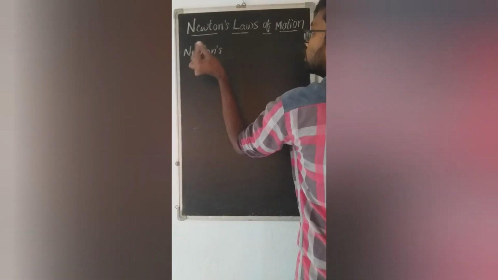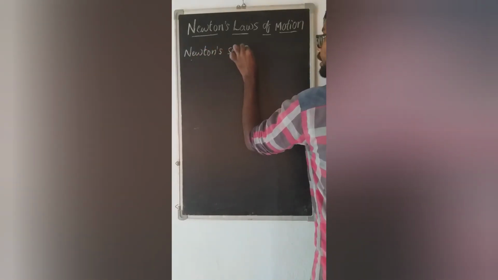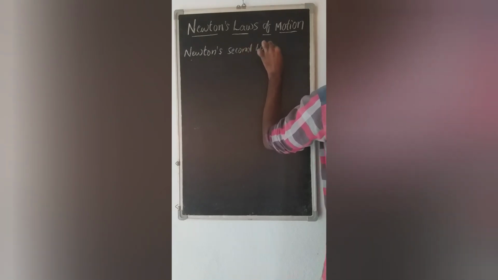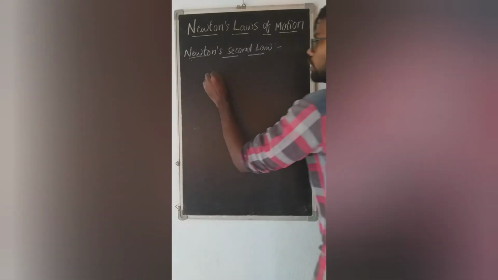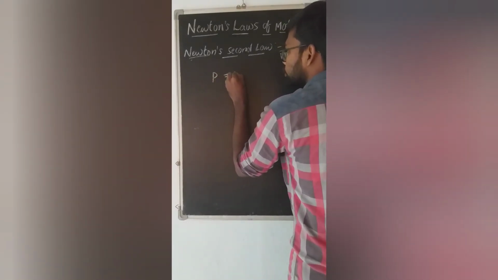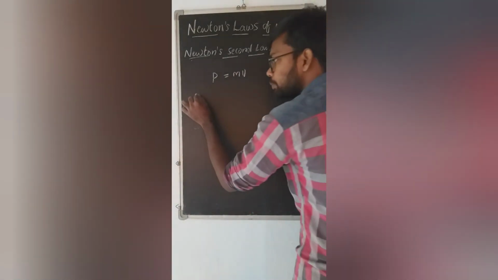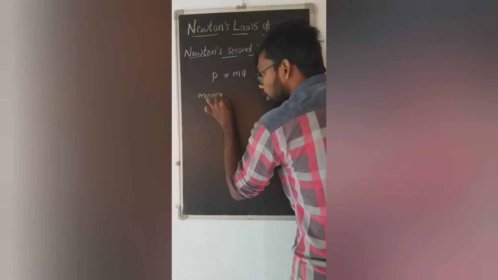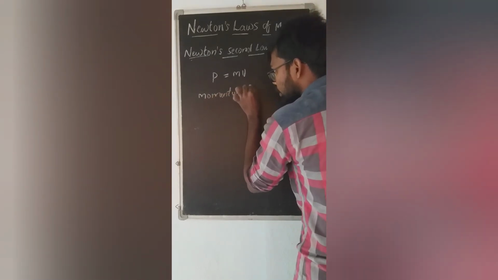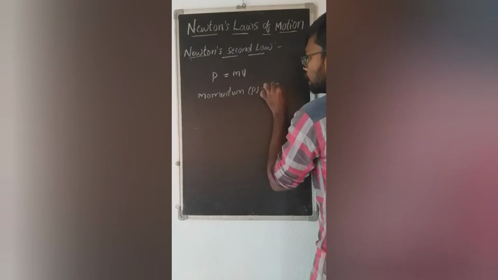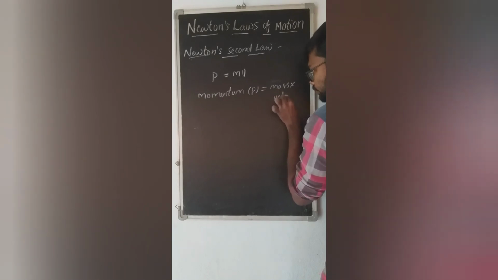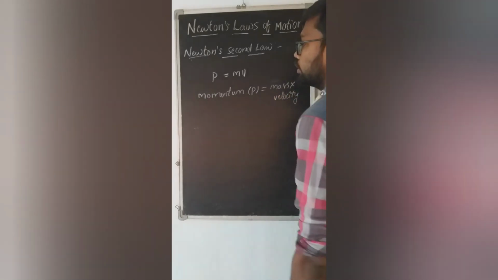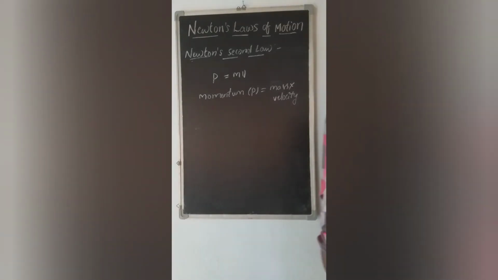Newton's second law, simply we can say P equal to mv, which means momentum P equals mass into velocity. How are we getting P equal to mv? First of all, what is meant by momentum?